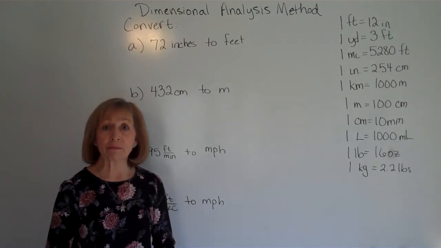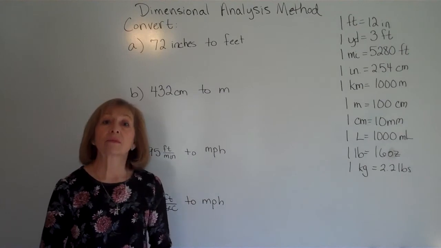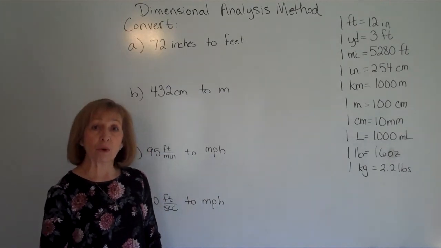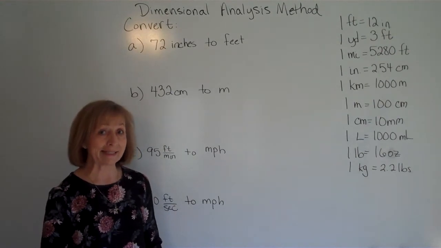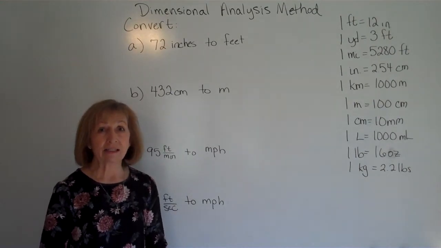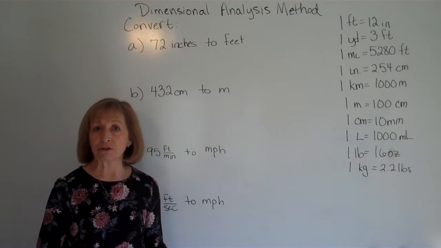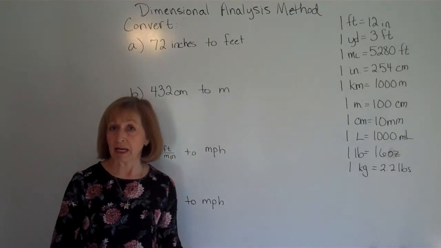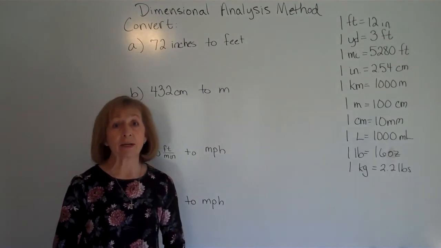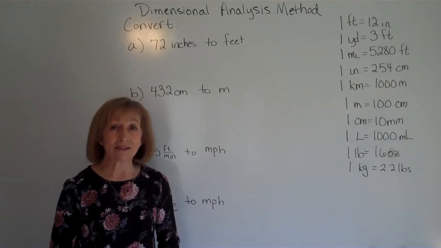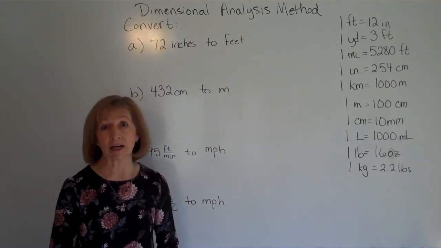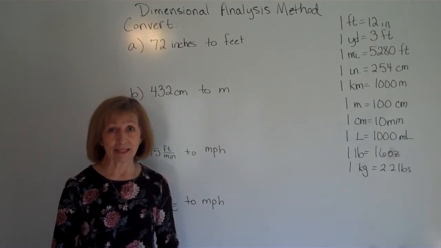Just like 12 divided by 12 is 1, 1 foot divided by 12 inches is 1, because 1 foot is exactly the same as 12 inches. Later in trigonometry, pi radians divided by 180 degrees is still just 1, because the numerator and the denominator are the same.